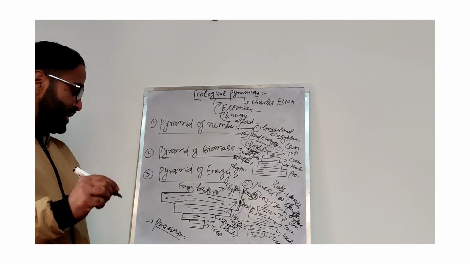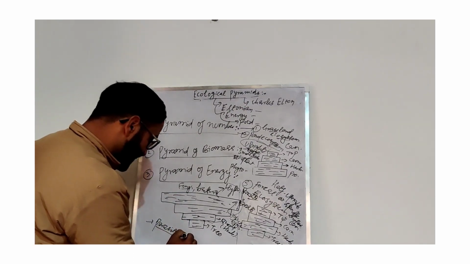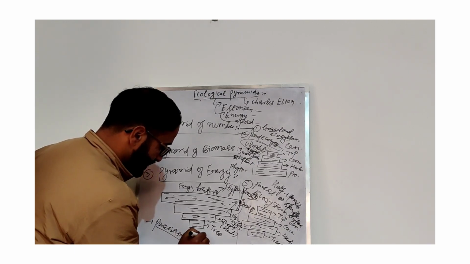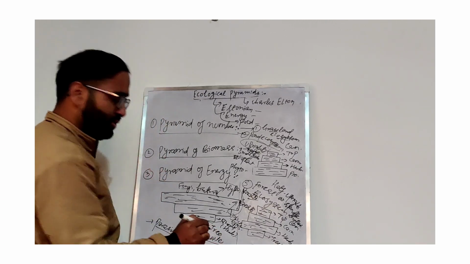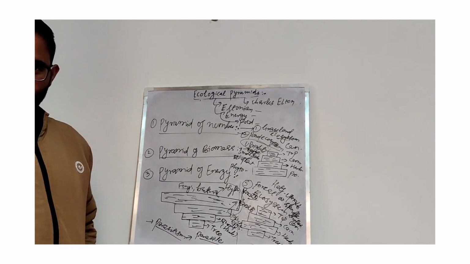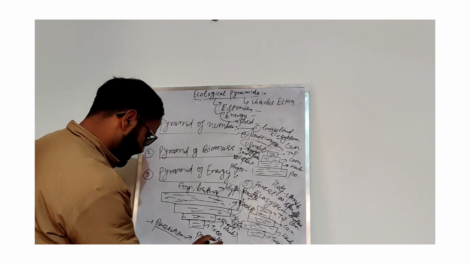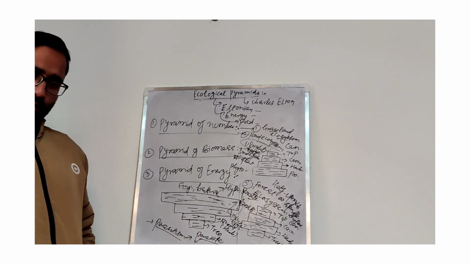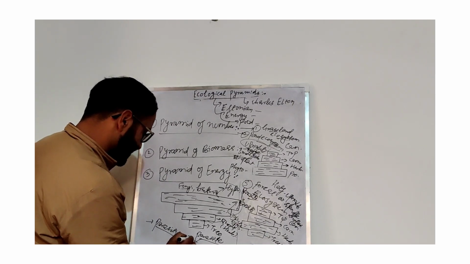The one which gets its nutrition from the other organism is called a parasite. So a parasite is an organism which derives its nutrition from some organism, from some consumer we can say, and the organism from which it derives its nutrition is called the host.